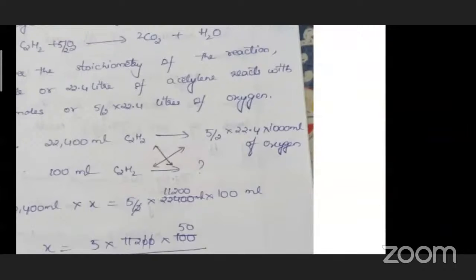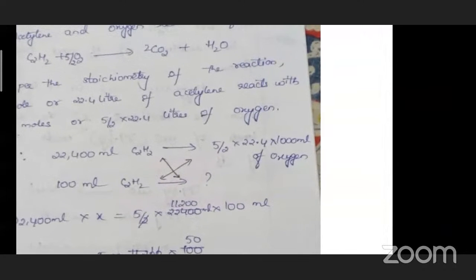So for that reason, we are studying stoichiometry. Stoichiometry helps us to know how much reactant should be used and how much product we will get. Depending on these calculations, we will come to know, so that we can avoid wastage. By learning stoichiometry, we can get the efficiency of the reaction.